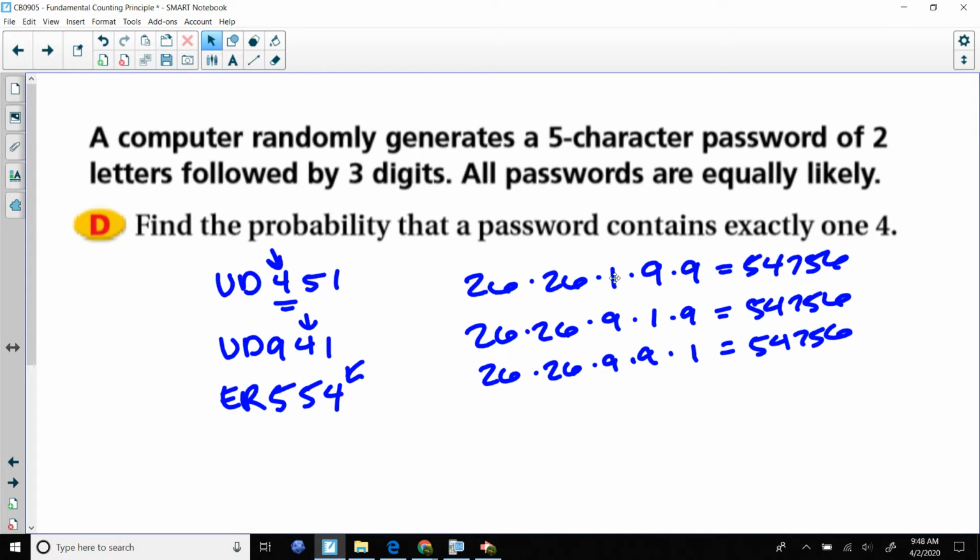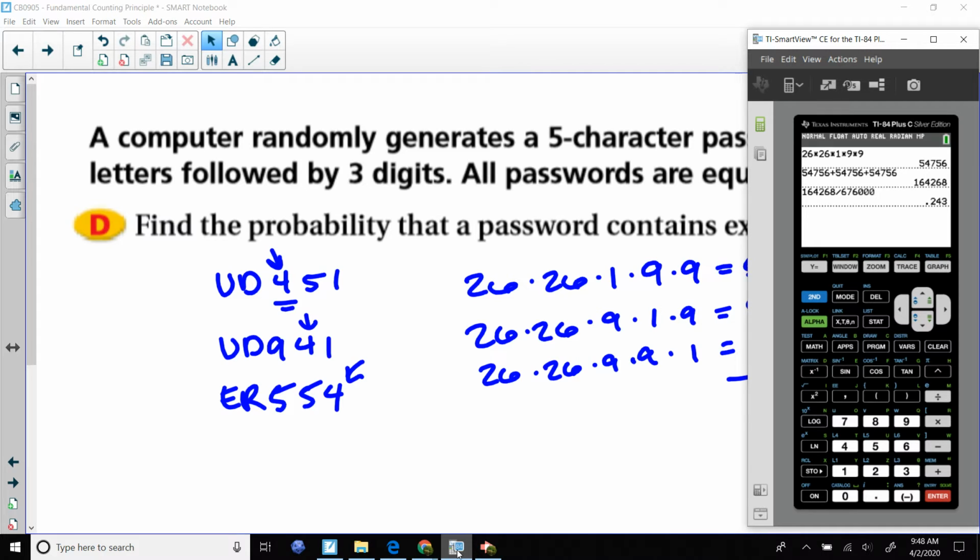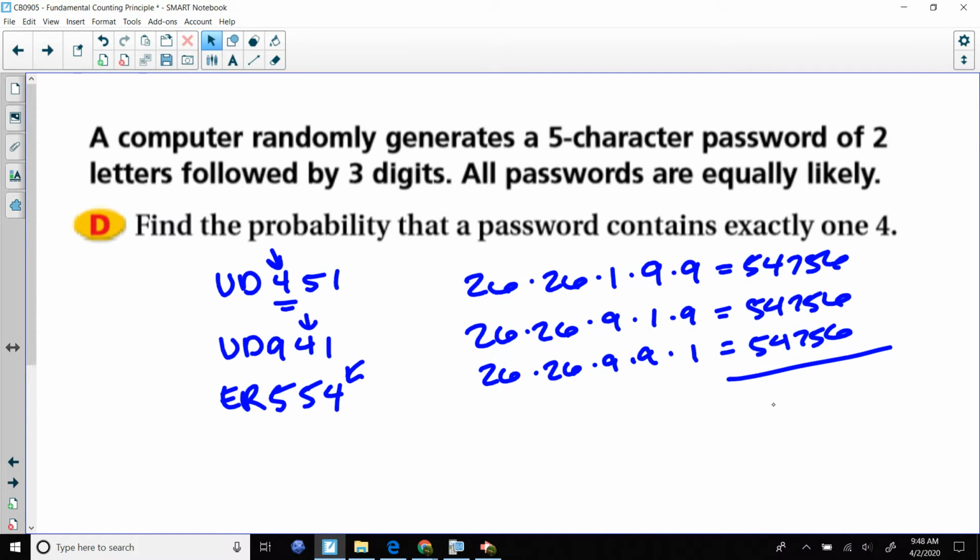There's exactly one 4 in the first spot, or the second spot, or the third spot. So what I have to do is add those together. And if I'm not mistaken, we ended up with 164,268. Now that's our favorable amount. So what we want to do is take that favorable and divide it by the total.